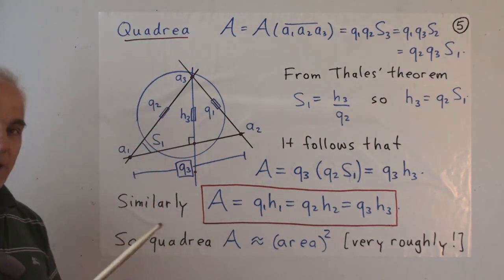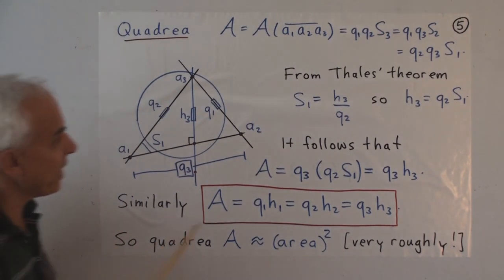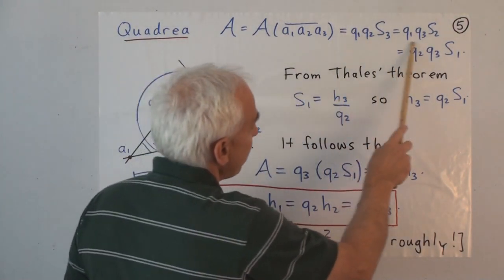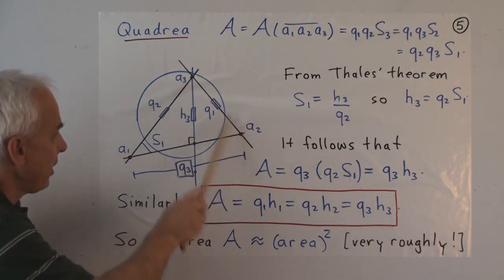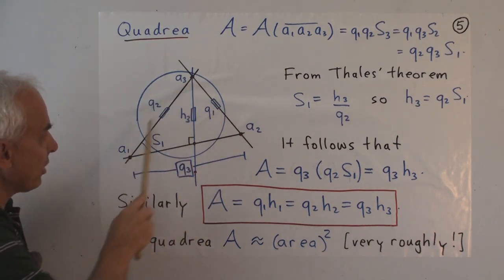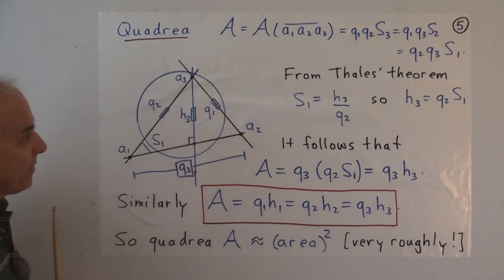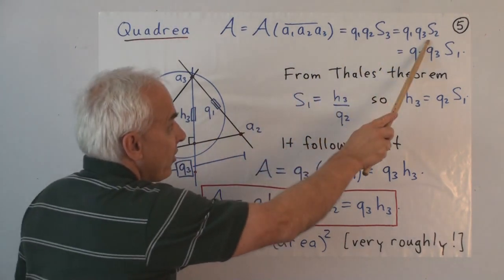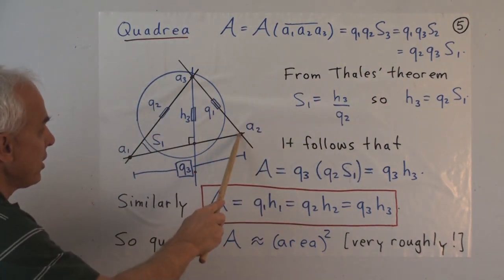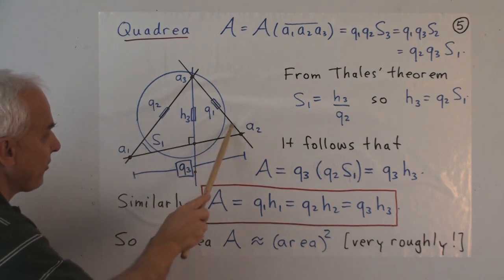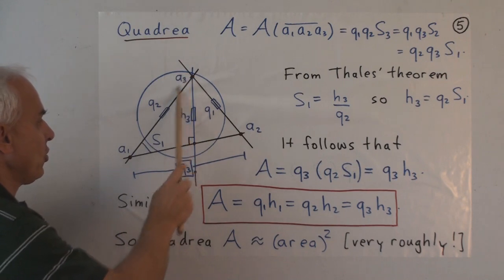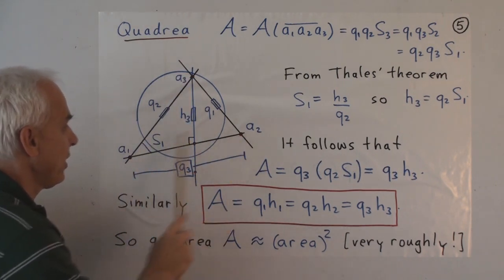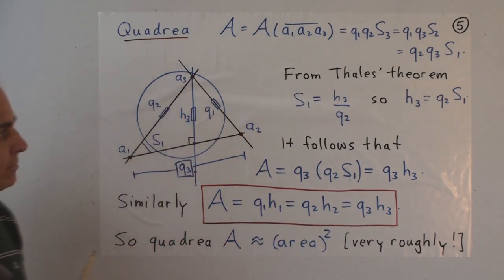And we made a calculation that showed that these three quantities were all equal. So if you take Q1 times Q2 and multiply by the spread S3, that's the same as Q1 times Q3 times the spread S2, and that's the same as Q2 times Q3 times the spread S1.